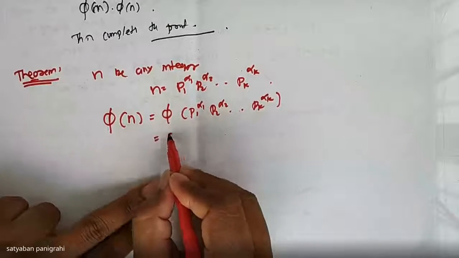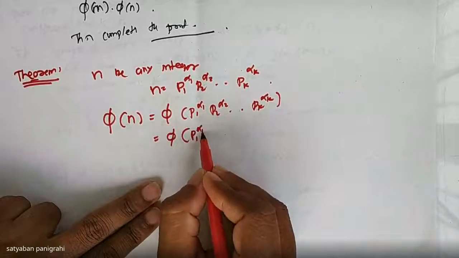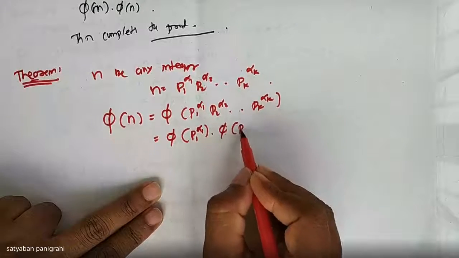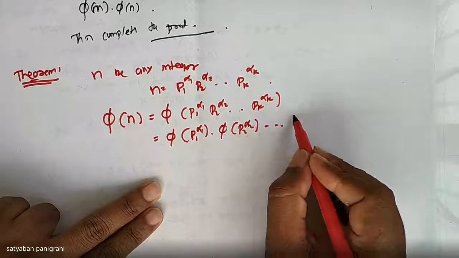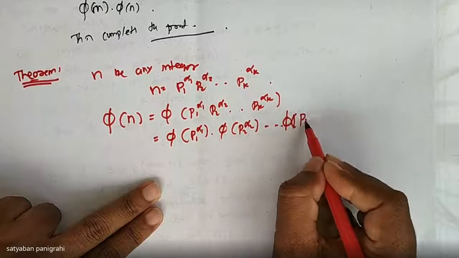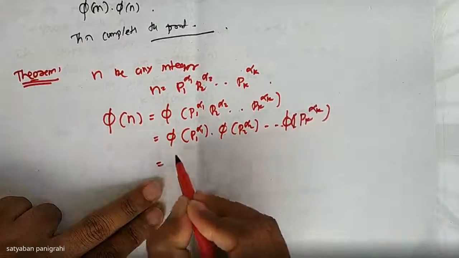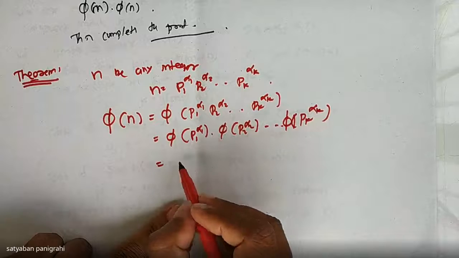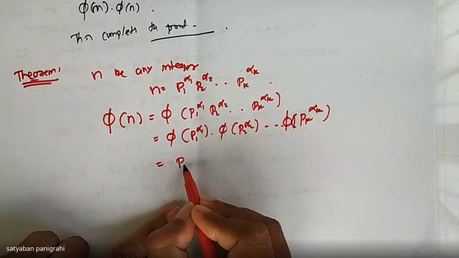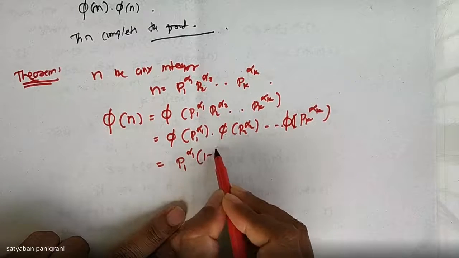So breaking it, you get phi of p1 alpha 1 into phi of p2 alpha 2 up to phi of pk alpha k, because this is a multiplicative function. Now apply the previous formula. Phi of p1 alpha 1 is p1 to the power alpha 1 into 1 minus 1 by p1.